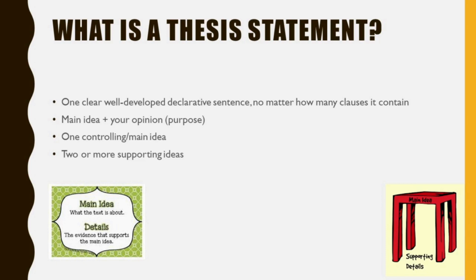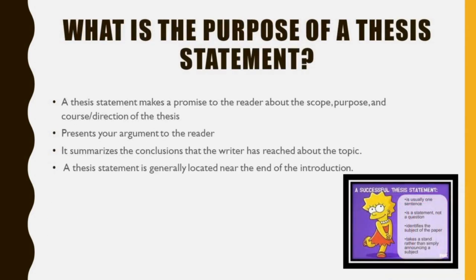The topmost part resembles the main idea, and look at these four structures supporting it. This is how an exact thesis statement should be. It comprises one main idea or controlling idea, supported by two or more supporting ideas. That's very important.